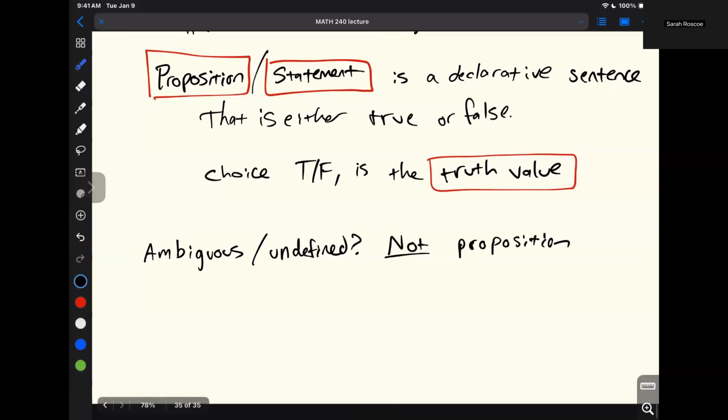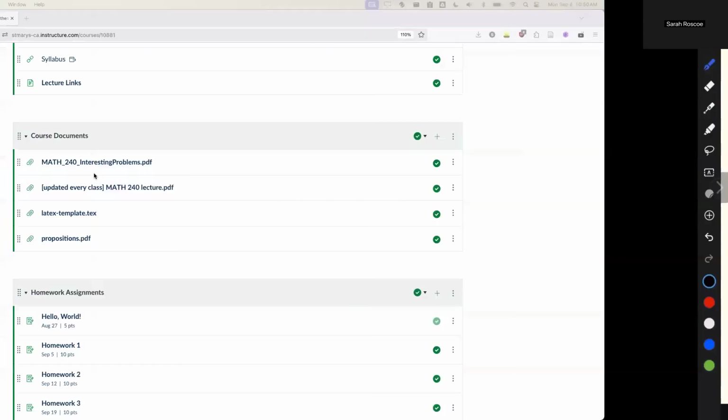Okay, so I've got practice in the handout. And let me pull that up just so you've got that on the screen. If I can struggle my way over there.